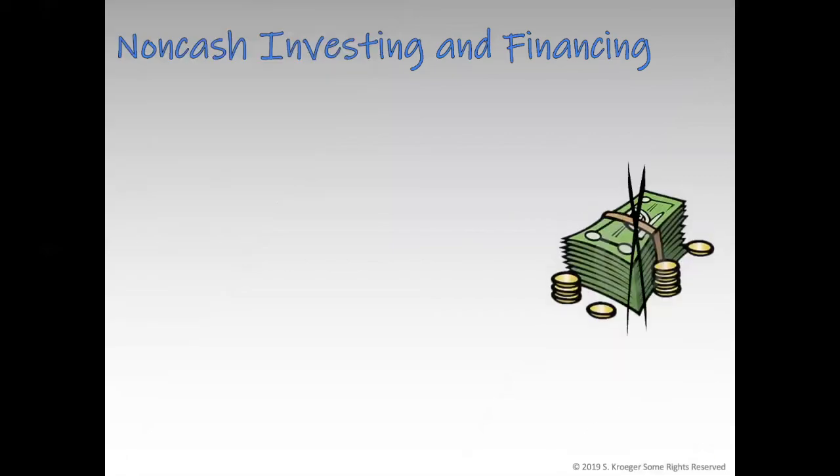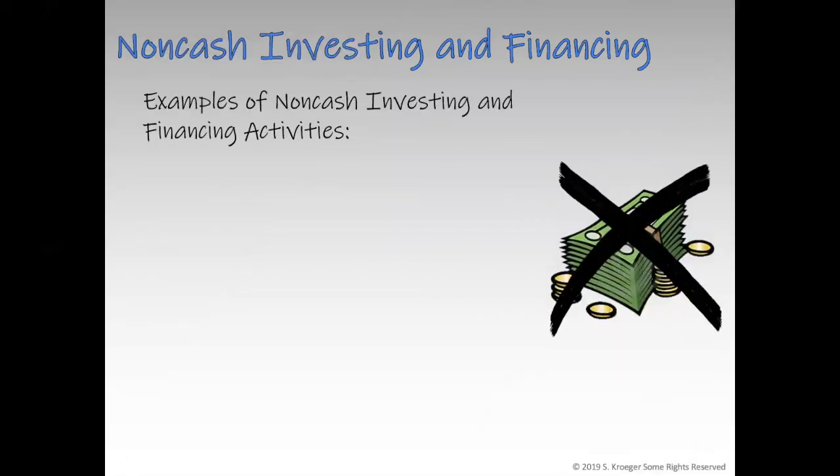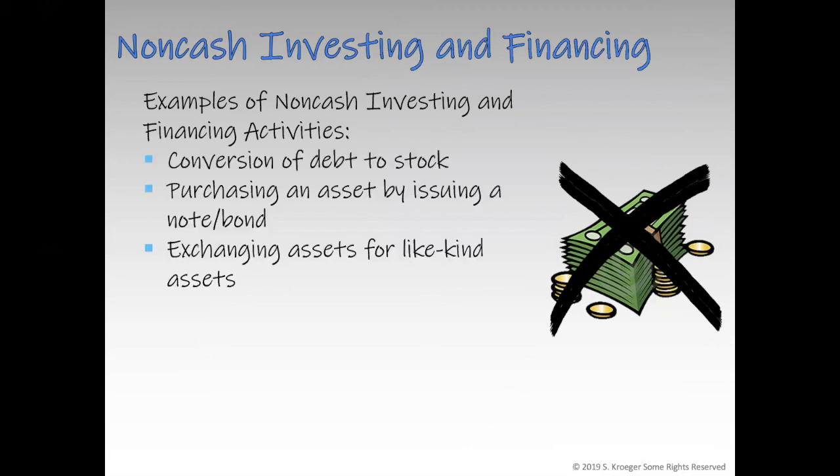The non-cash investing and financing section includes activities that do not affect cash flows. Examples include retirement of debt by issuing stock, conversion of preferred stock to common stock, lease of assets in a capital lease transaction, purchase of long-term assets by issuing notes or bonds, exchanging non-cash assets for other non-cash assets, and purchasing non-cash assets by issuing stock or bonds.